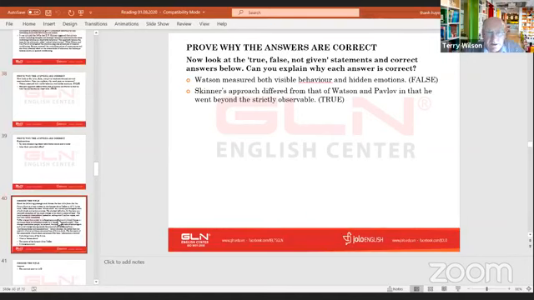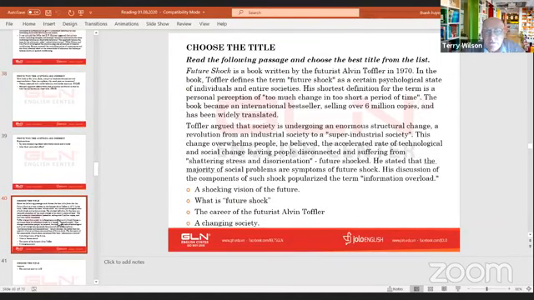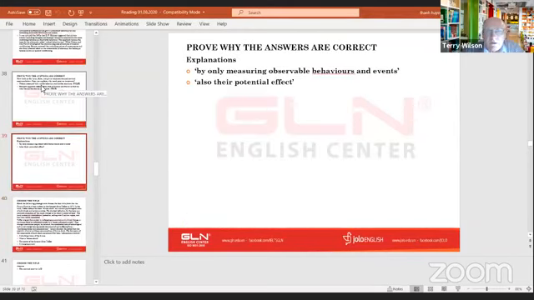So if we look at the text, the explanations, by only measuring observable behaviors and events, and also their potential effect.